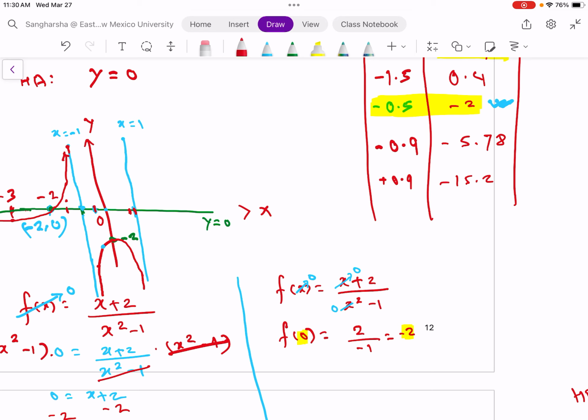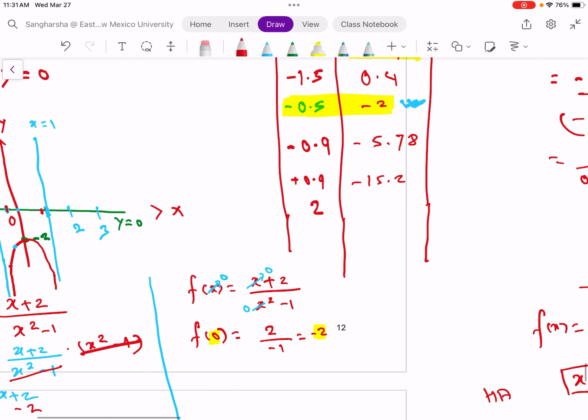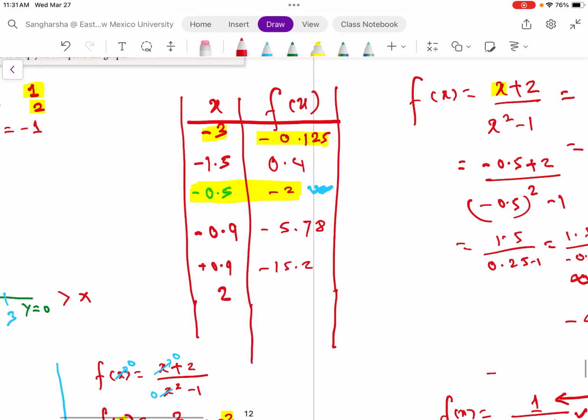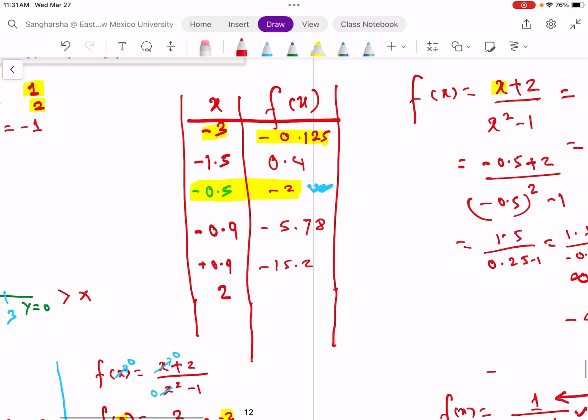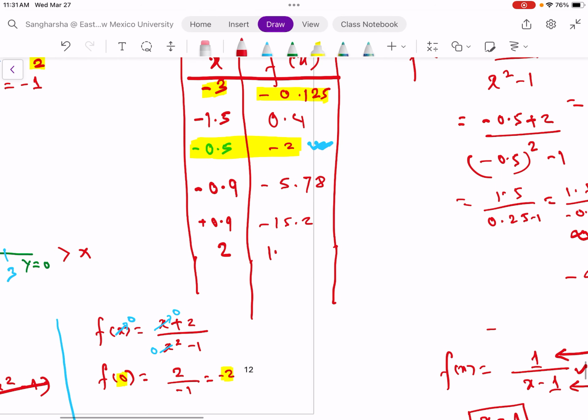Now we still have one more part, on the right side of the second vertical asymptote. So this is 1, let's choose 2, and let's choose 3, and see what happens to the output. When our input is 2, hopefully it's easy here: 2 plus 2, 4, divided by 4 minus 1, that's 3. So 4 divided by 3 is like 1.3.